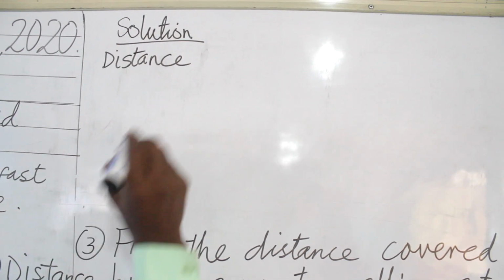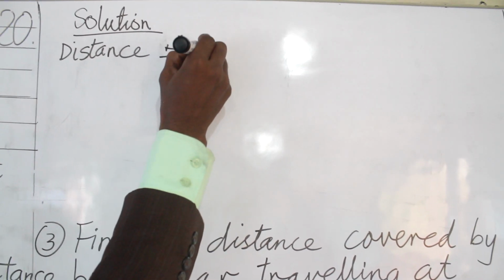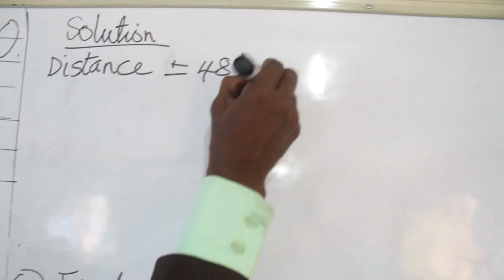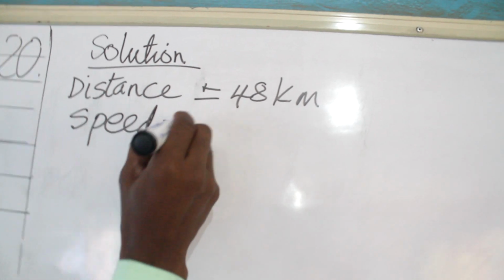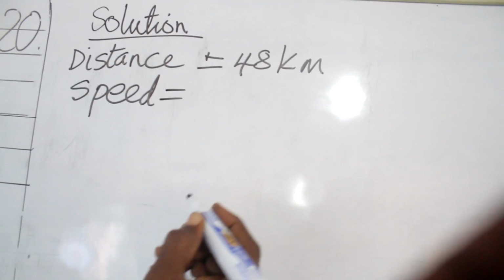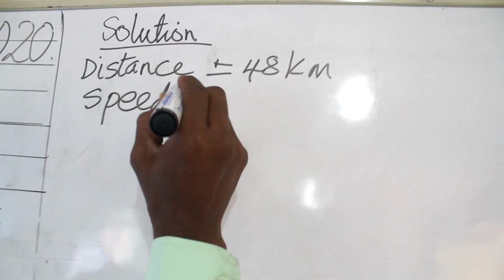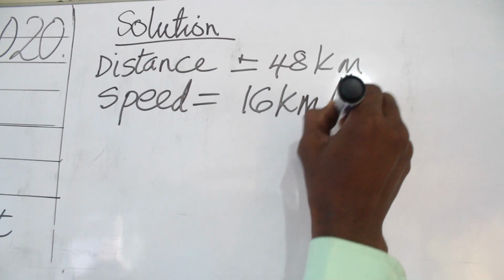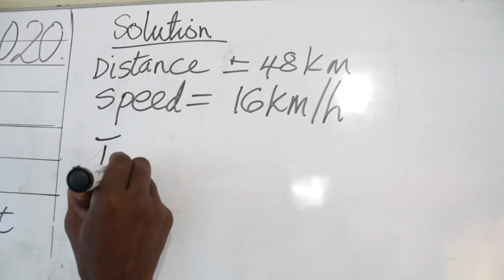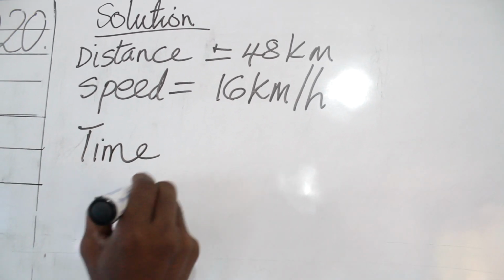We are given 48 kilometers. We have the speed. Speed is always written in kilometers per hour, meters per second, or minutes. The speed given is 16 kilometers per hour. Time. That is what we have to look for.